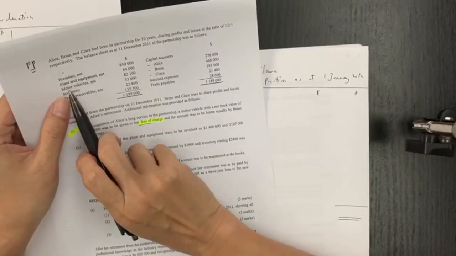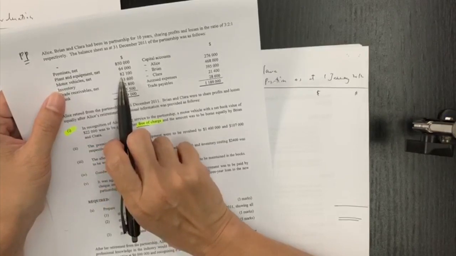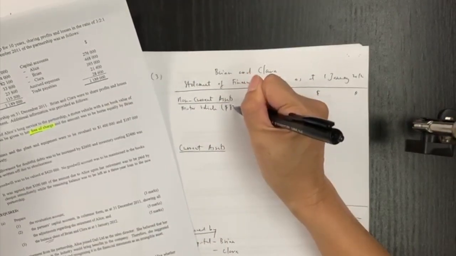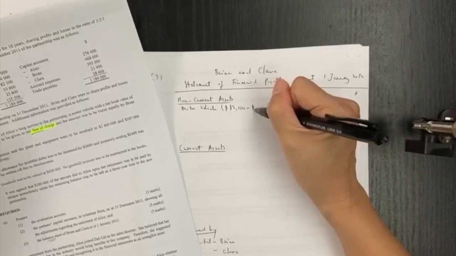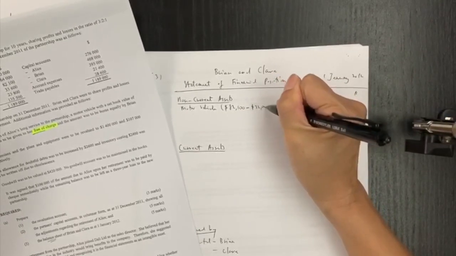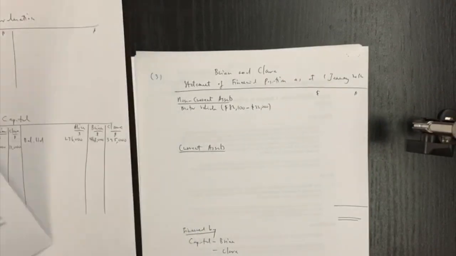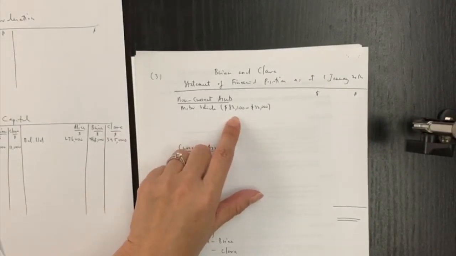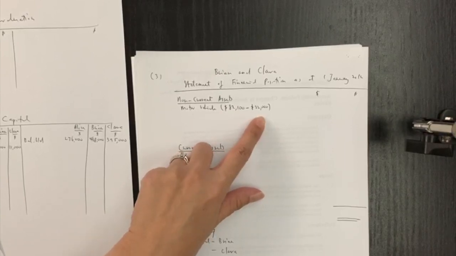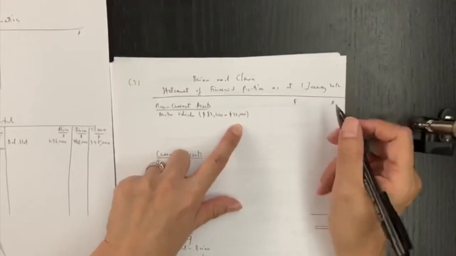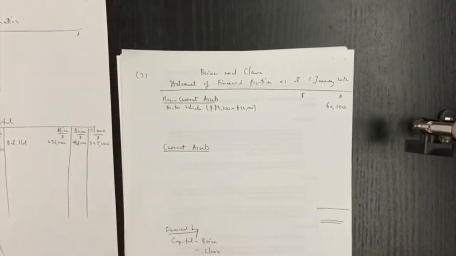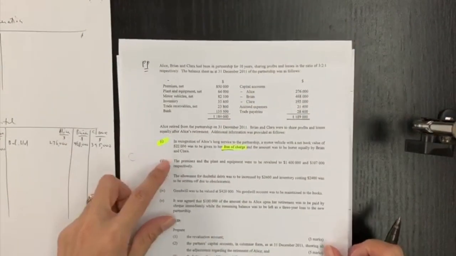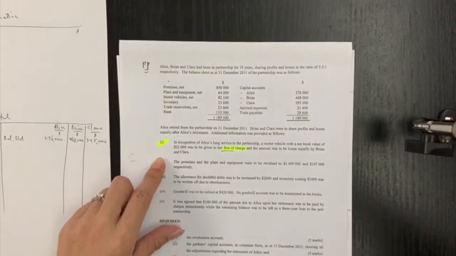In the question, motor vehicle is 82,100 minus 22,000, because it was taken away by Alice. You can see we always follow double entry to do that. Step by step, 110, minus 22,000, so I have 60 and 100. Anything else? No more. That's all about point number 1.